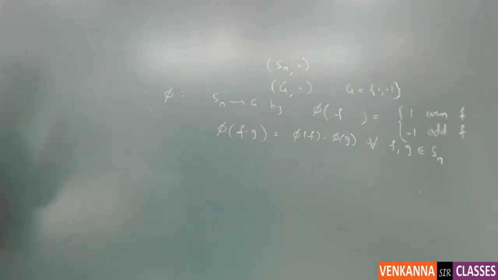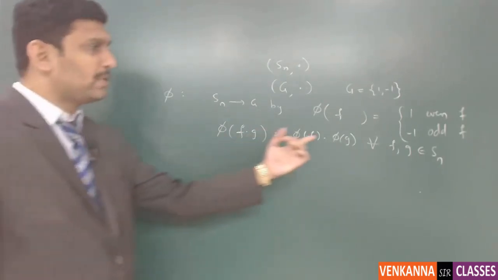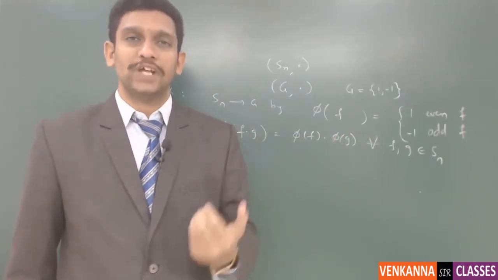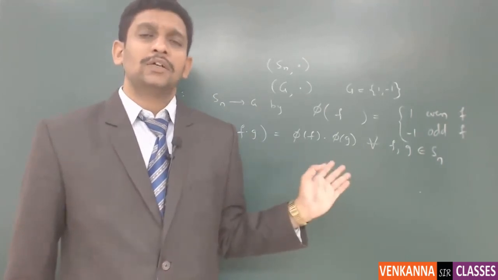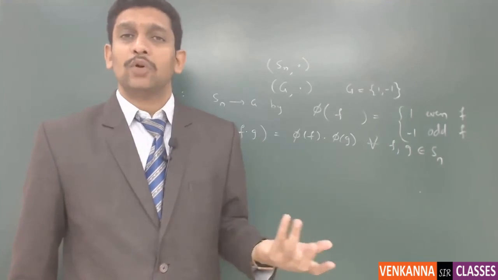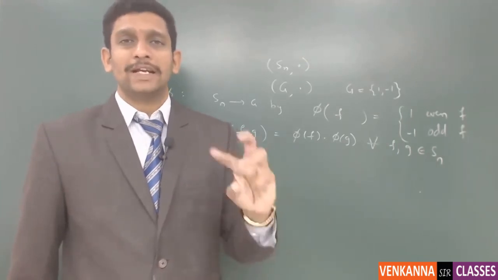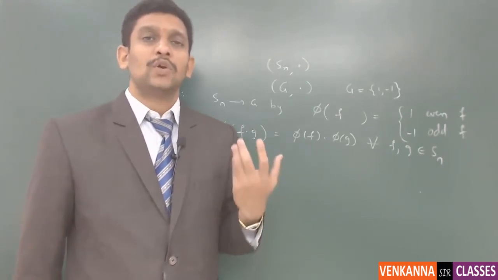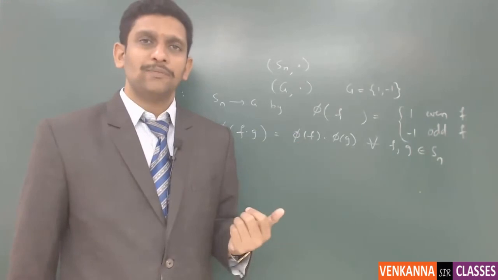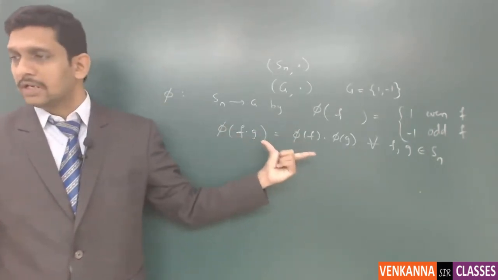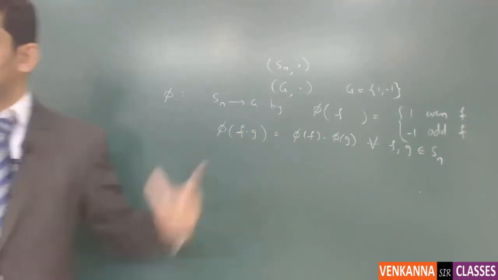Since you can take any two permutations in Sn, you have different choices. You take both the permutations as even, or both of them as odd, or you can take the mixed type. Whatever the case you consider, to show that phi is a homomorphism, we have to verify phi satisfies this condition. Okay, so let us take the cases one after the other.